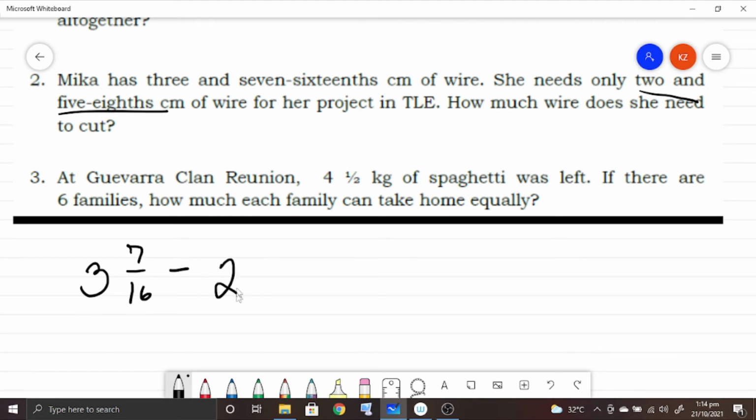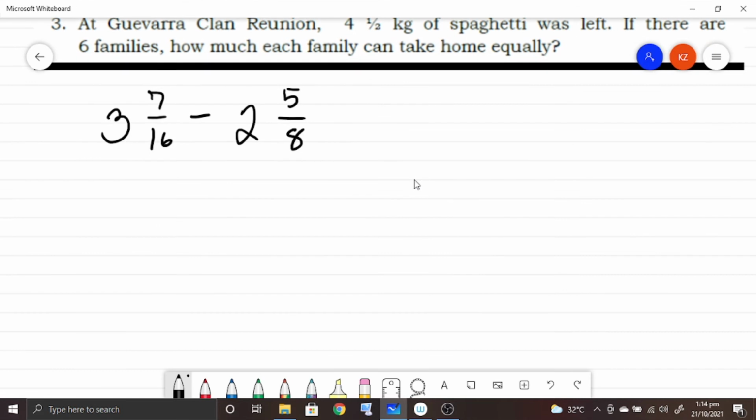So, 2 and 5/8. So, hindi siya kagaya ng addition na pwede tayo mag 3 minus 2 or 3 plus 2. Okay, so pagka mixed fraction or mixed numbers and subtraction, multiplication, and division, kailangan nyo muna i-convert sa improper fraction.